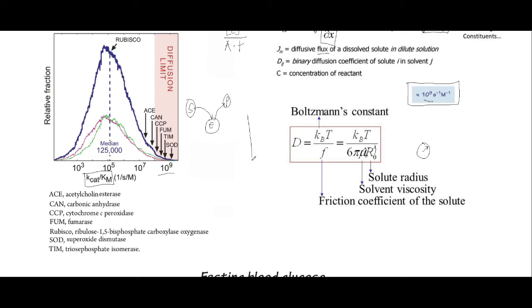Then if we move through time, even if our substrate is extremely concentrated, we will end up with very, very brief moments of time where our enzyme is empty, that it does not have any substrate in it because another substrate has not had time to diffuse into it. And so these enzymes are examples of enzymes that are sort of limited by the diffusion rate.